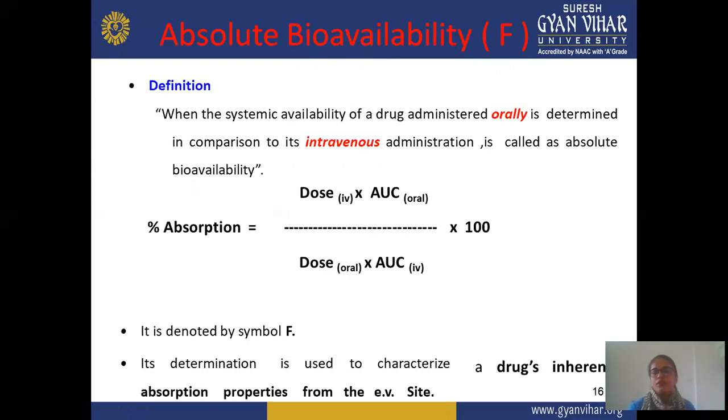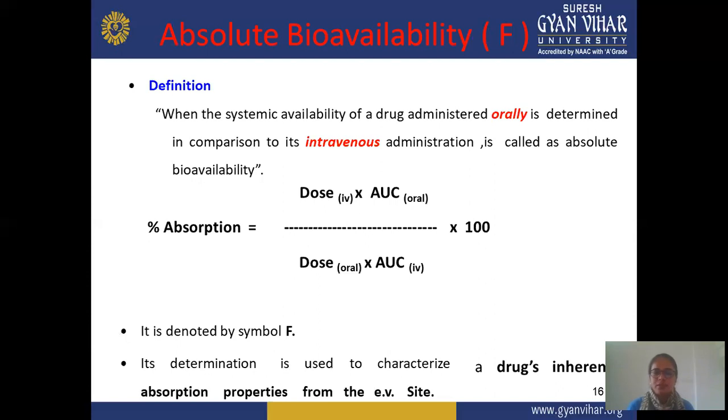Next are different types of viability. The first one is absolute viability, which is denoted by F. According to the definition, absolute viability is when the systemic viability of a drug administered orally is determined in comparison to its intravenous administration.